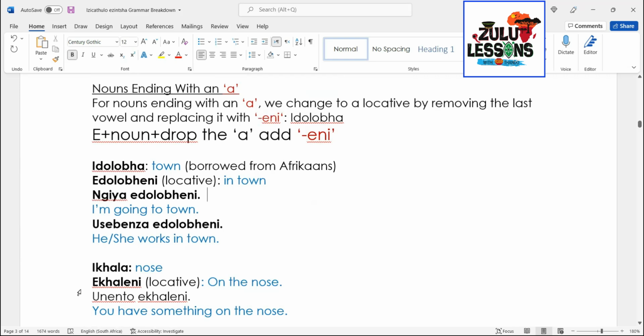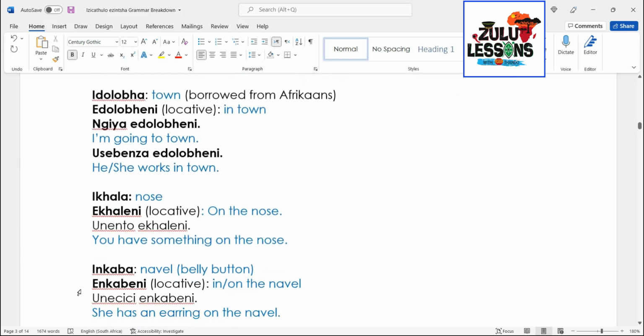And at the beginning, we make sure we put in E instead of the I. So ekhaleni, now it's a locative, which means on the nose. So now let's have a look at this example. Unento ekhaleni. Into is a thing. So you have something on the nose.